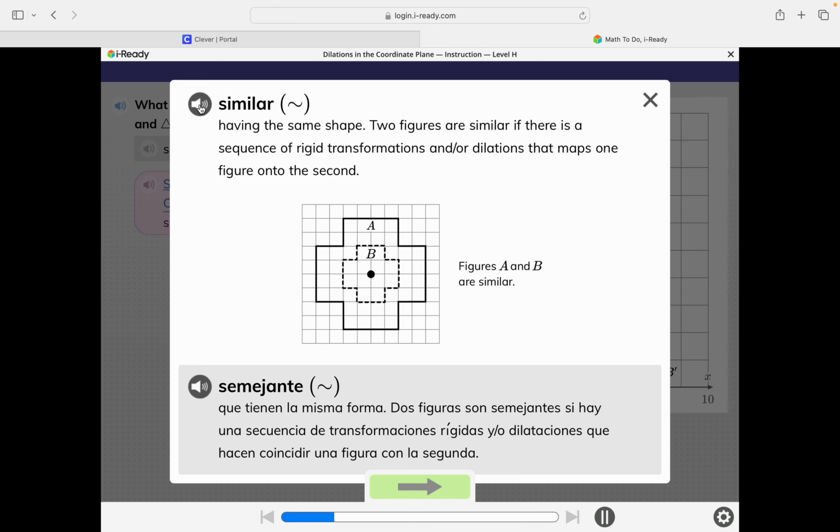Similar means same angle, same shape, but different size. So similar is like that. That is the sign. And this is the congruent sign. Congruent means we have to put the equal sign, and similar is the equal sign and then an S like that. I need to draw a backwards S and make it like this.